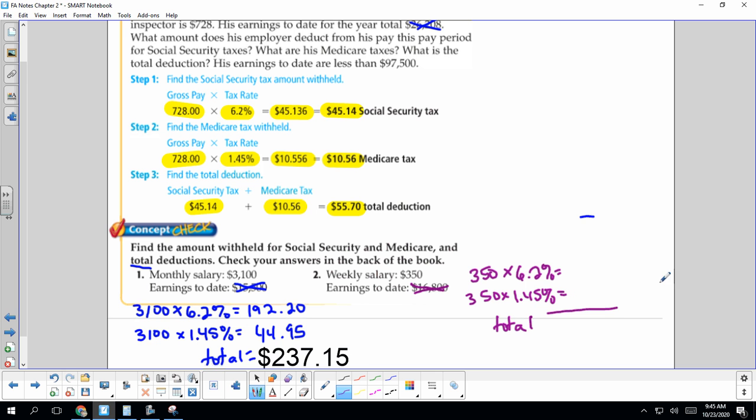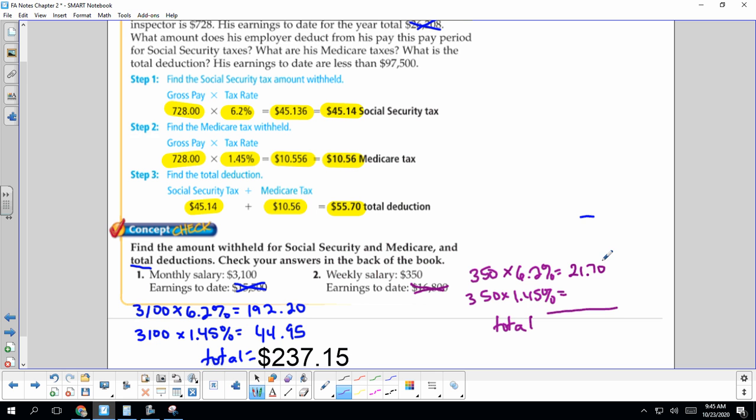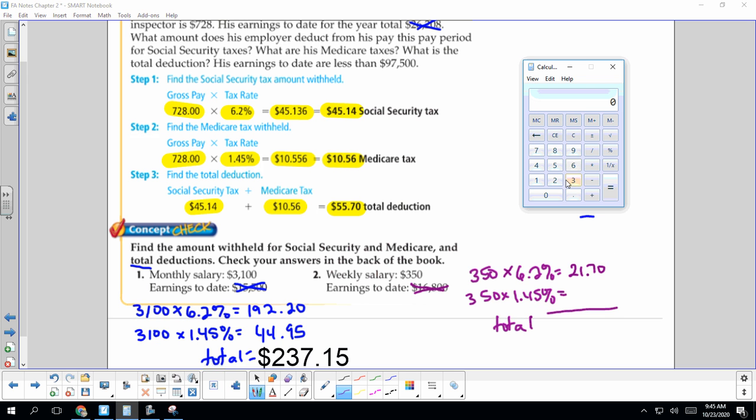Easy peasy, lemon squeezy. So 350 times 6.2%, 21.7, and 350 times 1.45%, $5.08.